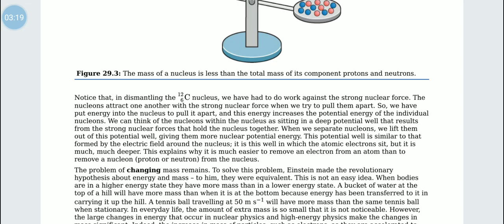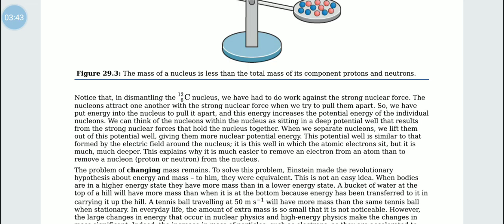Pulling it apart is not easy. We have to apply strong forces to overcome the strong nuclear force. Because the nucleons attract one another with this very strong nuclear force, we have a lot of energy to put in.